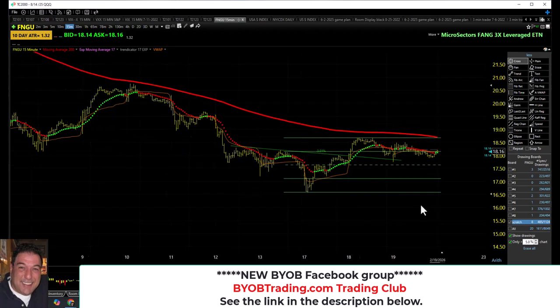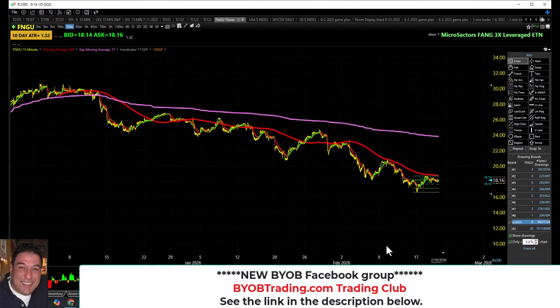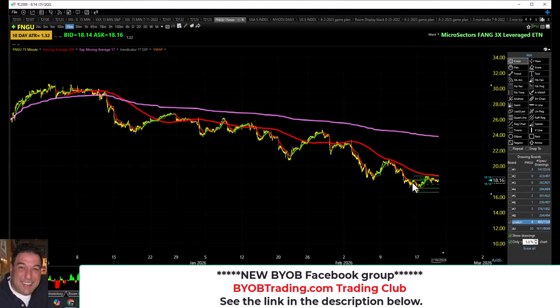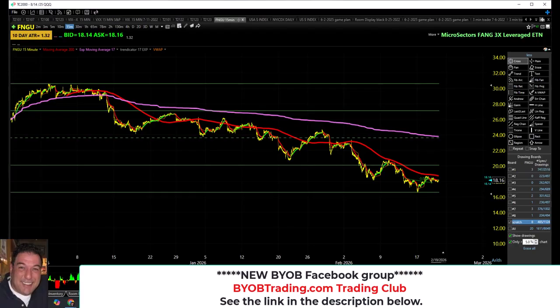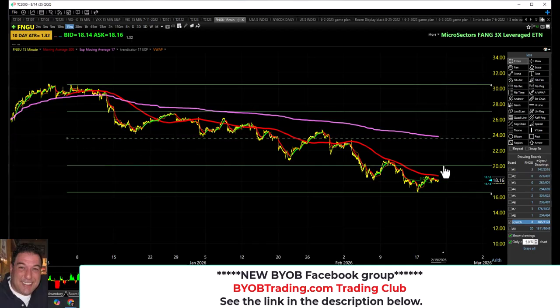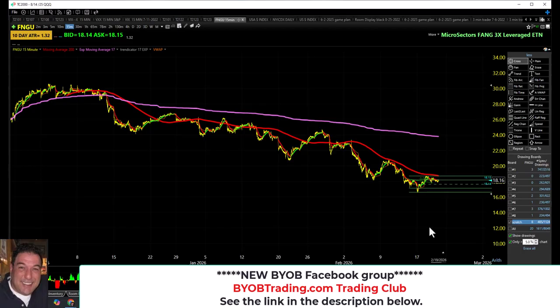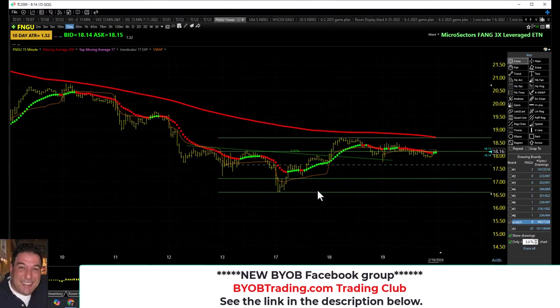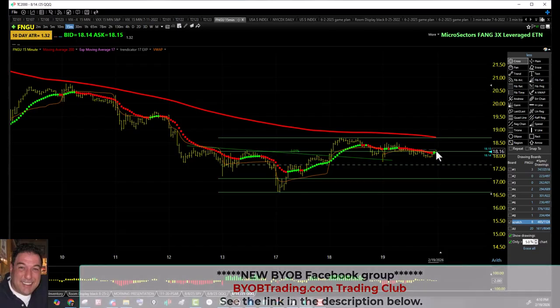Now, okay, if we zoom way out and we drag this all the way over, you can see clearly we're bearish on the bigger picture. But when it comes down to what happened from bouncing on support, we're kind of hanging out in the upper third. That's nice.